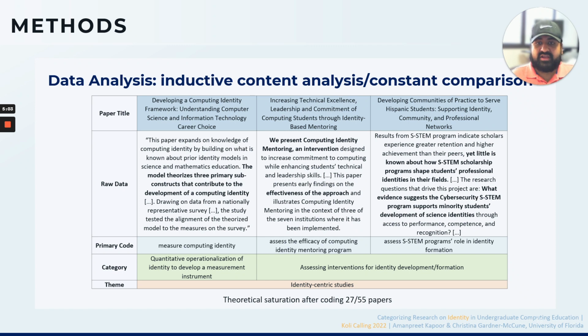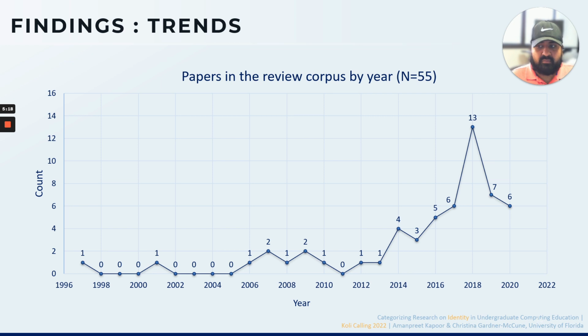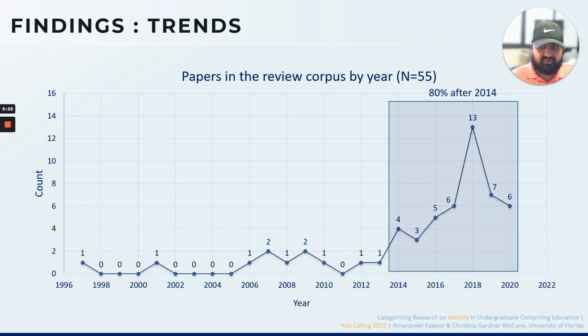We achieved theoretical saturation after 27 of the 55 papers in our corpus, which means no new codes, categories, or themes emerged after coding about 50% of our data set. So some of the trends that we saw in our corpus: most papers were published after 2014, which is 80% of the papers published in the last 8 years or so.